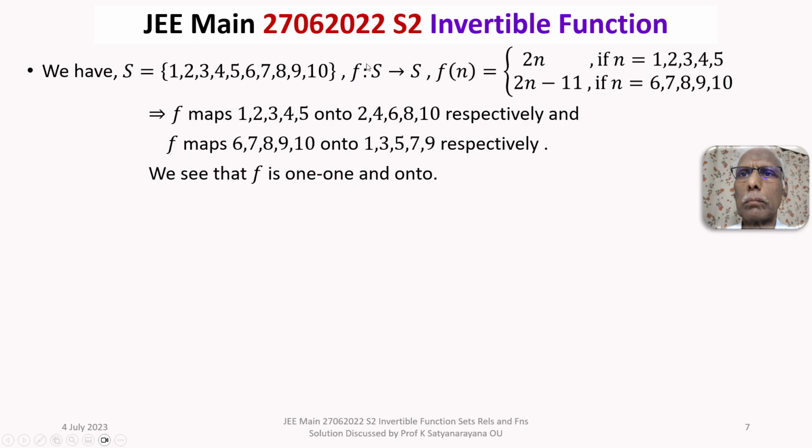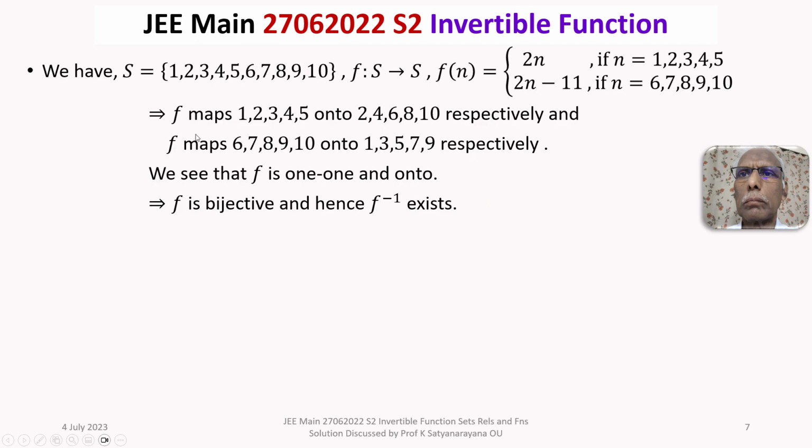So since f is one to one and f is a mapping from S to S where S is finite, f is onto. So f is one to one and onto. That means f is bijective. When f is bijective, f is invertible and f inverse exists.